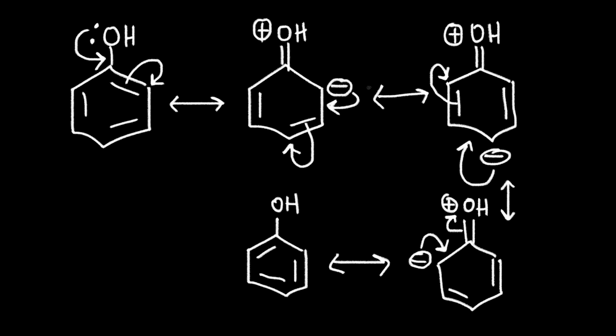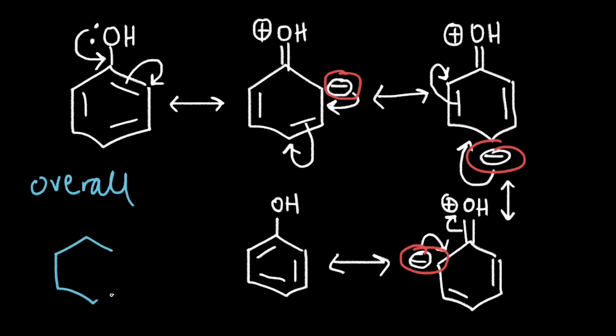Okay, so hopefully you can see from this that there are specific places where this negative charge is localized, and we can draw an overall picture of what all of these resonance forms look like put together. We're going to have dotted lines representing the partial double bonds, or the delocalized system, and a dotted line down there.